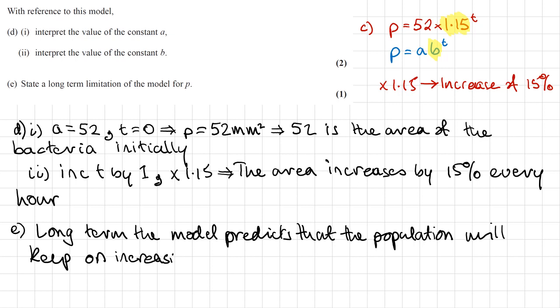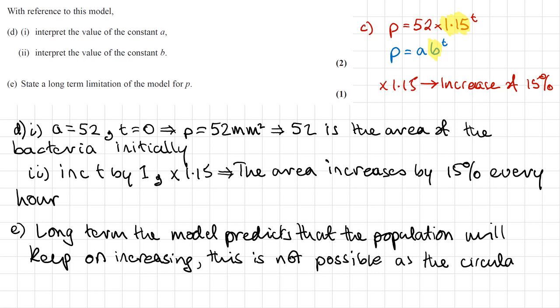I guess one reason it can't do that is because the circular dish only has a certain size, and when it's full, it's full. The bacteria can't keep on increasing. So let's see. Long term, the model predicts that the population will keep on increasing. This is not possible as the circular dish has a finite area. So some sort of description like that would be fine.